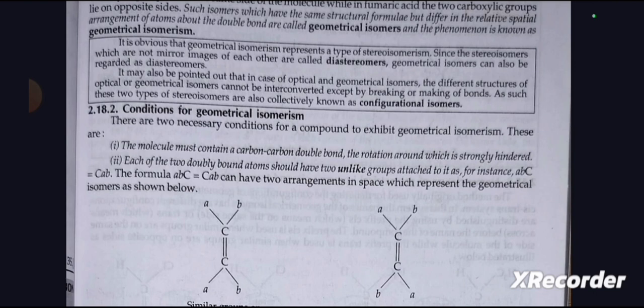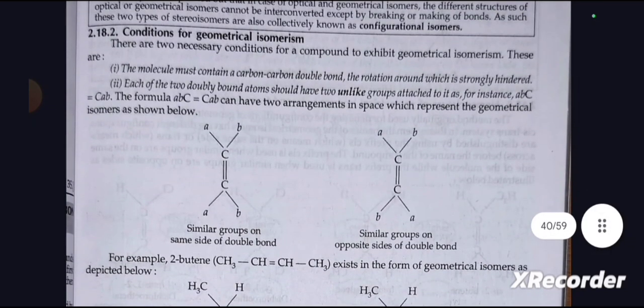Geometrical isomers can also be regarded as diastereomers. It may also be pointed out that in the case of optical and geometrical isomers, the different structures cannot be interconverted except by breaking or making of bonds. As such, these two types of stereoisomers are also collectively known as configurational isomers.